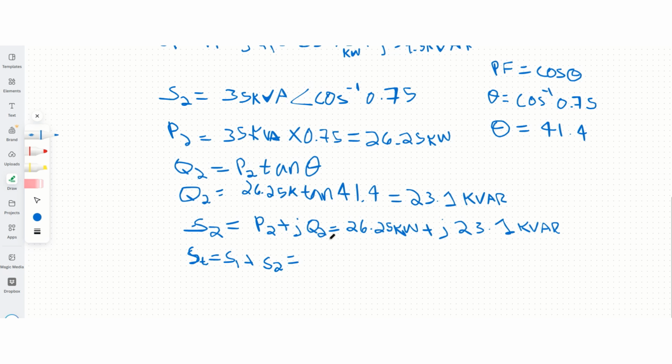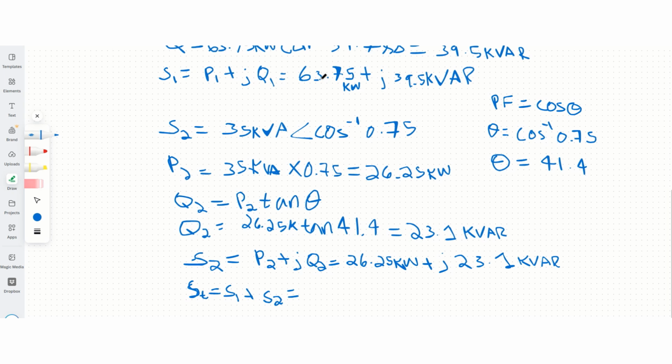We will add the 63.75 kilowatts plus the 26.25, which gives us 90 kilowatts, plus the 39.5 kVAR plus the 23.1, which gives us 62.65 kVAR.